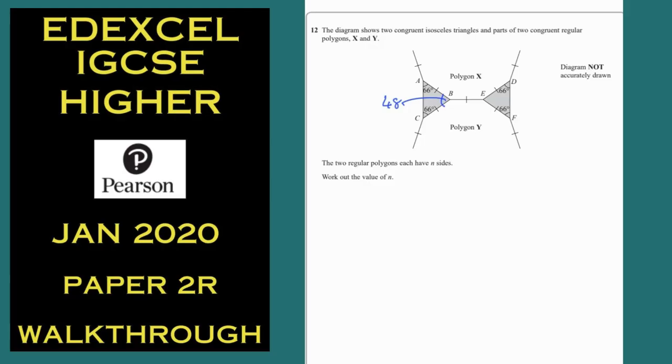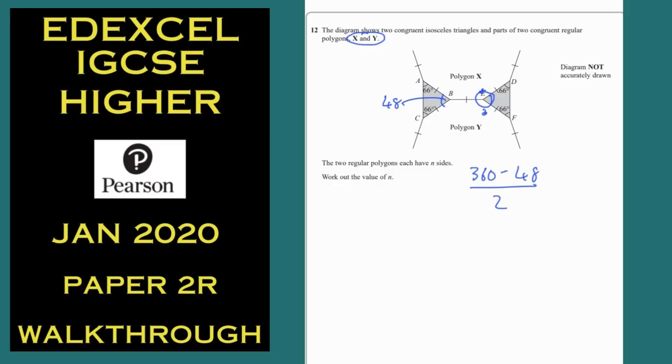So if that's 48, these angles around a point make 360. And because x and y are congruent, in other words, they are identical shape, size, particularly in this case angles, then we need to do 360 minus the 48 we know, and the angle above and below are going to be the same.